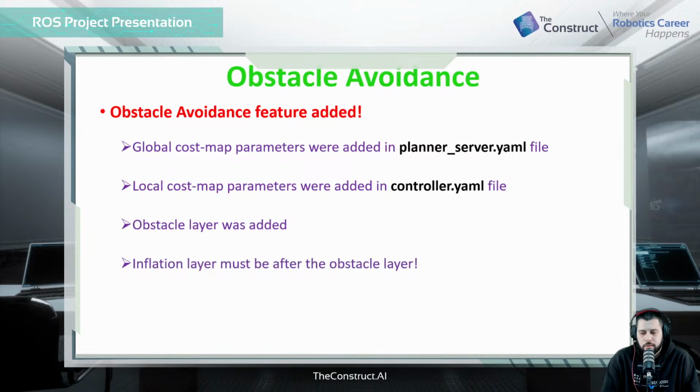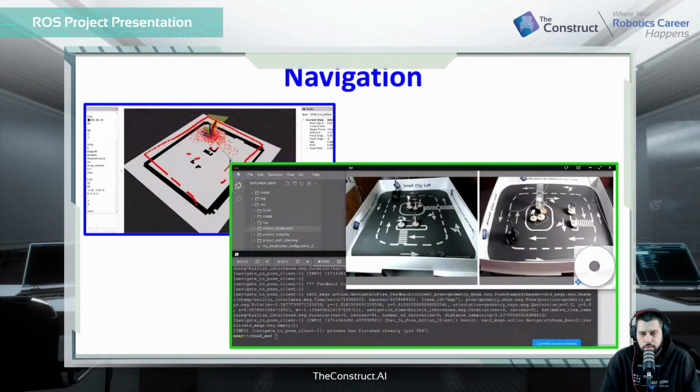And another important point was that the inflation layer must be present after the obstacle layer. Otherwise, the obstacles are not inflated, and the additional cushion for safety margin is not added. So these were the results in the navigation section, and I will come towards more detail in the demonstration.